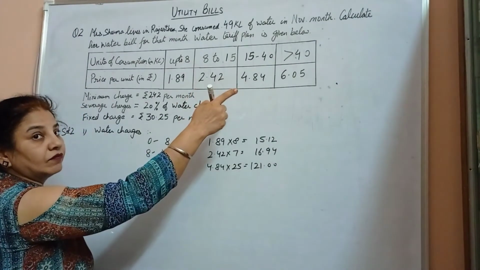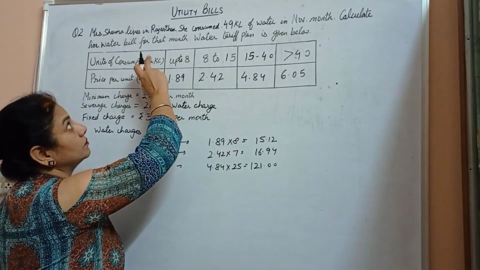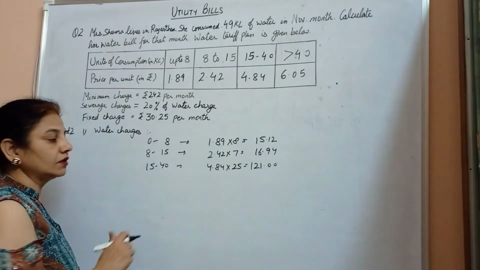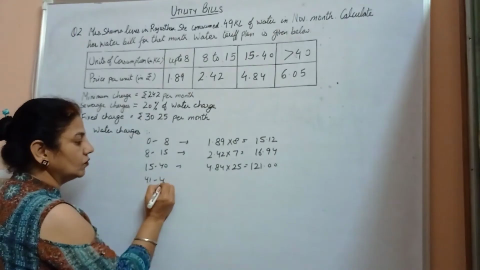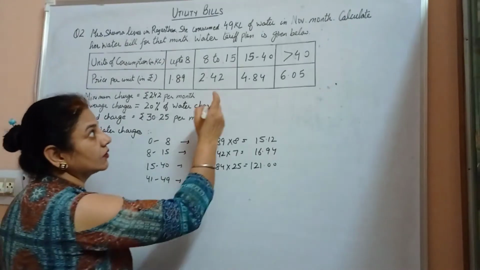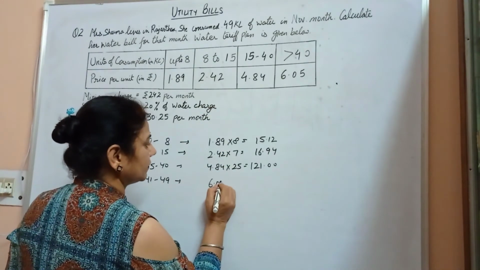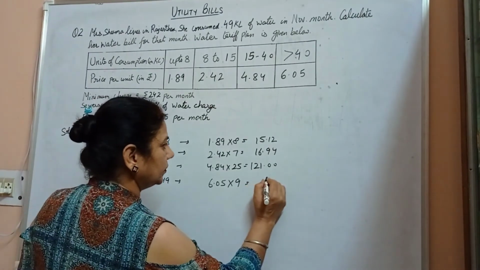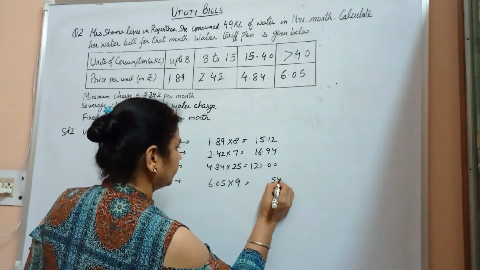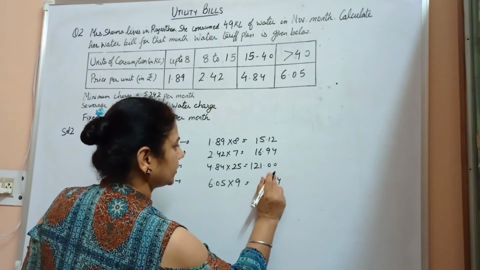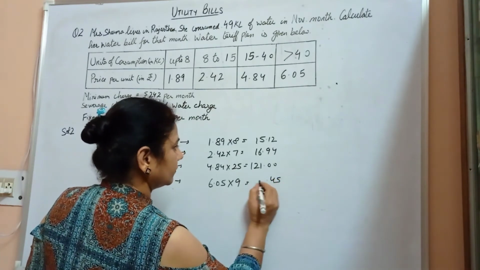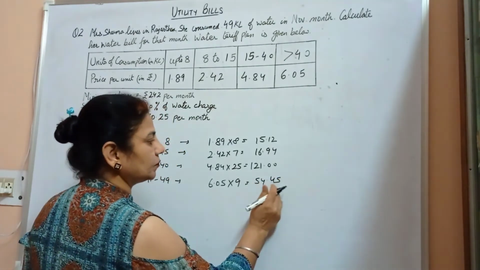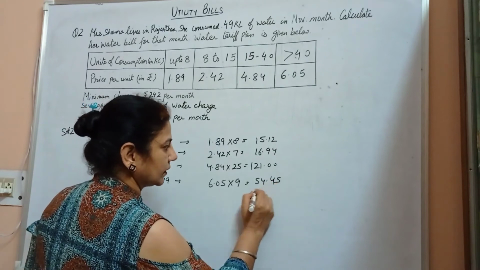Then greater than 40: as Mrs. Sharma consumed 49 kiloliters, we write 41 to 49 only. That cost is 6 rupees 5 paisa into 9 kiloliters, which comes out to be 54 rupees 45 paisa.